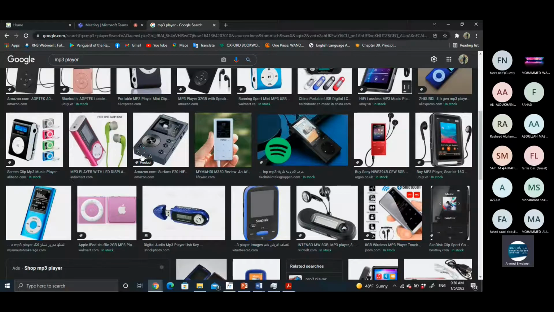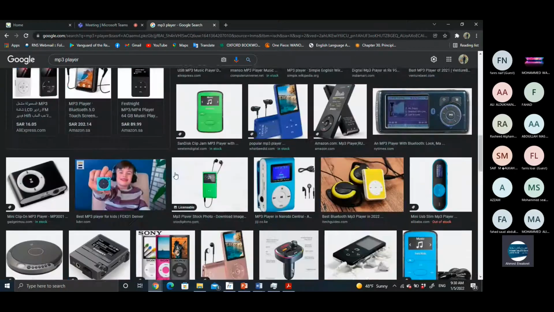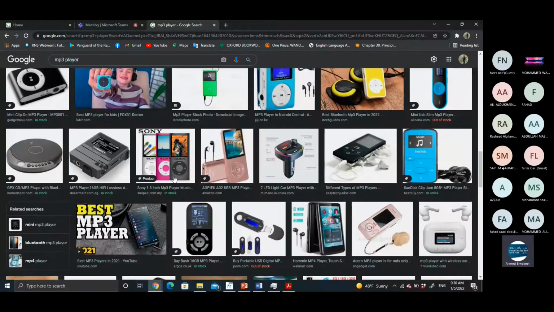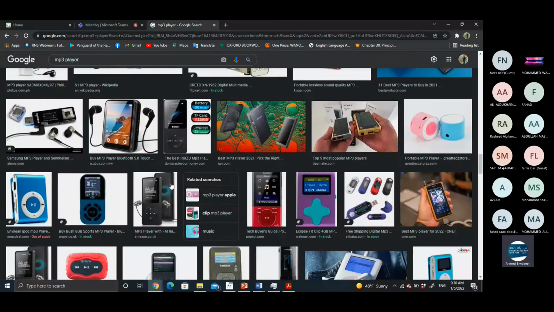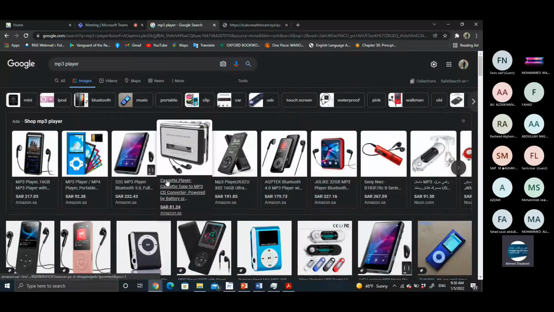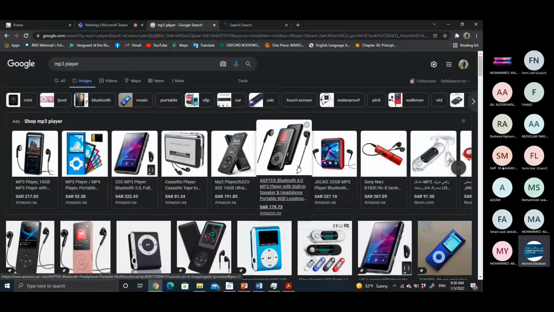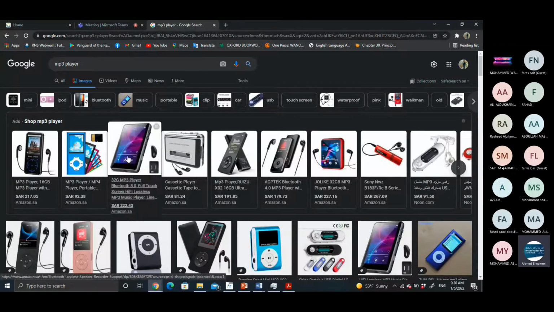So, an MP3 player, boys, of course, had many shapes, okay? But all of them give us the same mission or the same use, which is playing music and audio files. The MP3 player was very famous before the new devices or the new phones came.